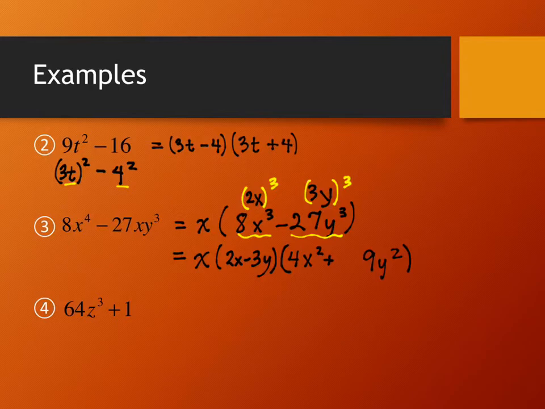And then what goes right here is these individual terms multiplied. So what do you get when you multiply 2x and 3y? 6xy, exactly. And then, of course, it's plus the 9y squared at the end. So my middle term ends up being positive 6xy.